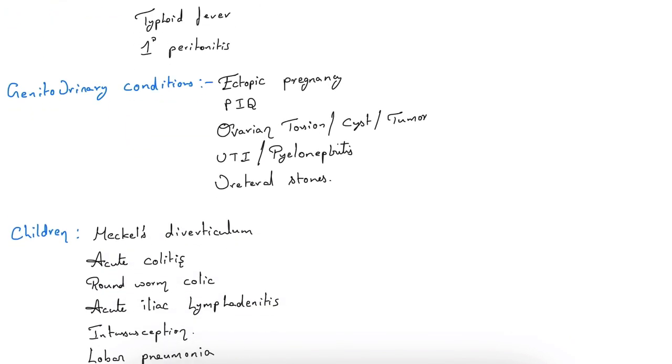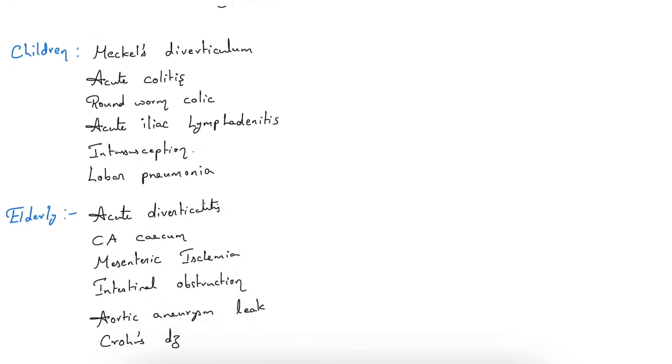Next, genitourinary conditions like ectopic pregnancy, pelvic inflammatory disease, ovarian torsion, cyst, tumors, urinary tract infection, pyelonephritis, and ureteral stones. In children: Meckel's diverticulum, acute colitis, roundworm colic, acute iliac lymphadenitis, intussusception, and lobar pneumonia.